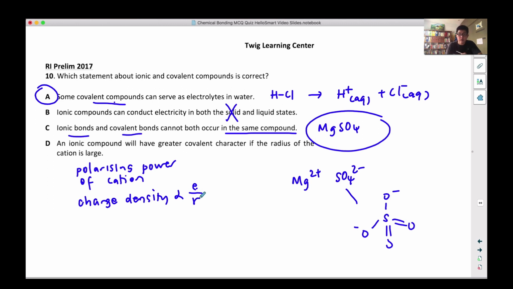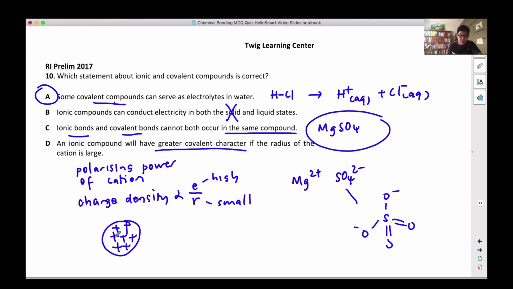So to have a greater covalent character, it must have a higher charge density. Something with a higher charge density must have a high charge and small radius. Imagine that it's a high charge and the radius is very small.